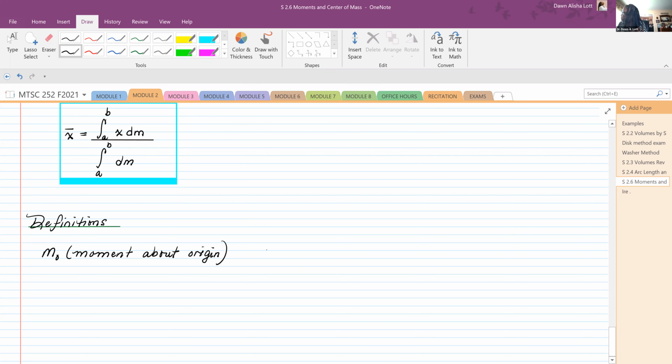And so m naught, simply the integral from a to b of x delta of x dx, is still the numerator. That doesn't change. M is the mass. So m is the integral from a to b of just delta of x dx.